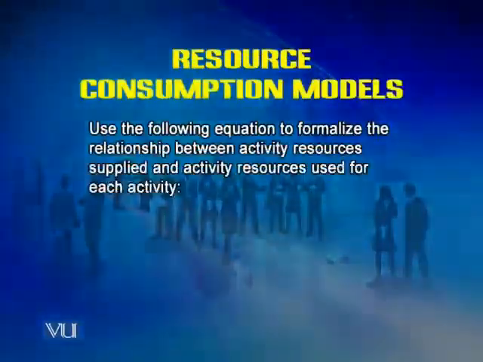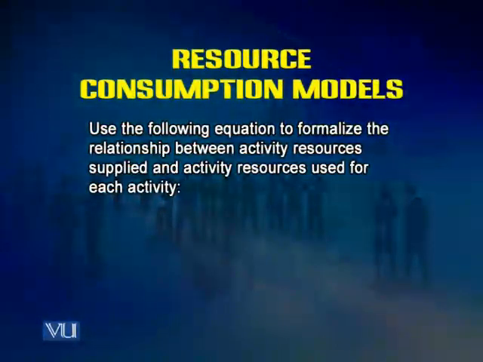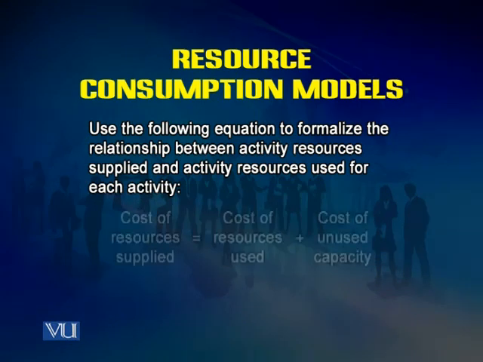But here, under ABC, we are going to look at all resources, and we are going to identify what proportion of the resources are used and what remain unused, and therefore what is the cost of the unused resources. Use the following equation to formalize the relationship between activity resources supplied and activity resources used for each activity.